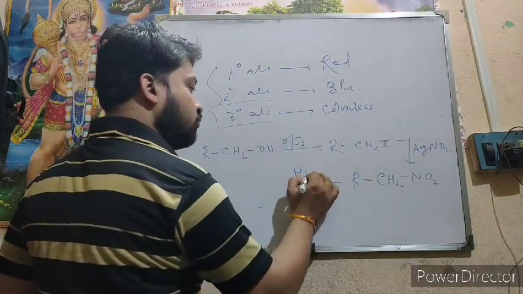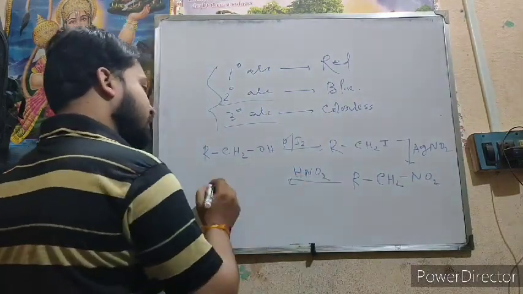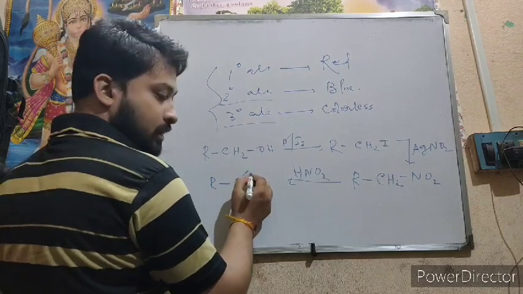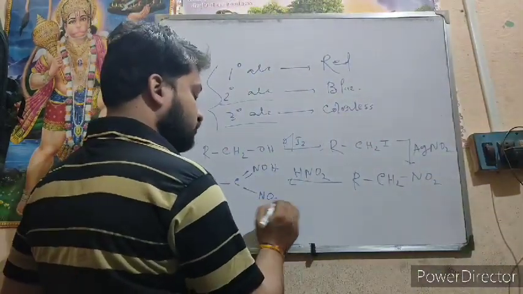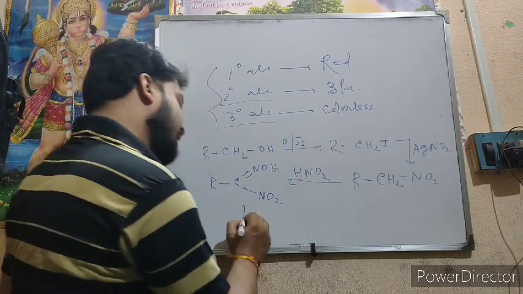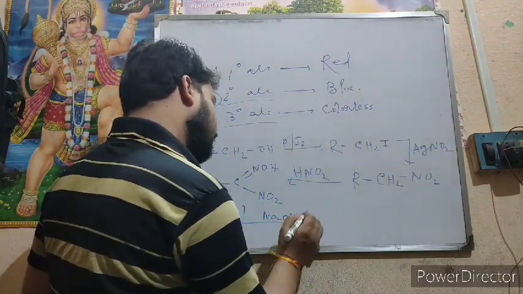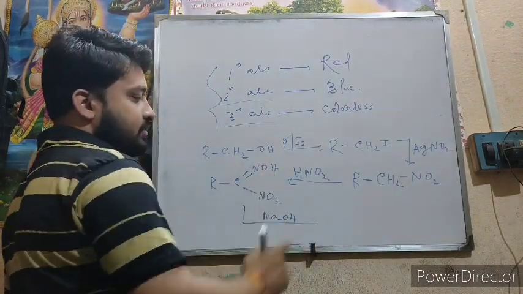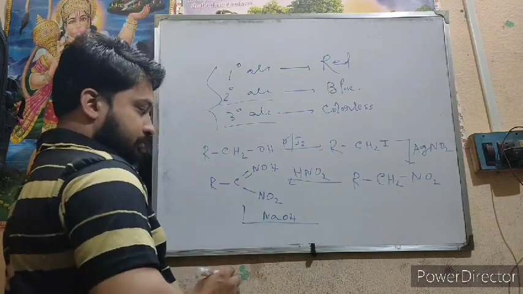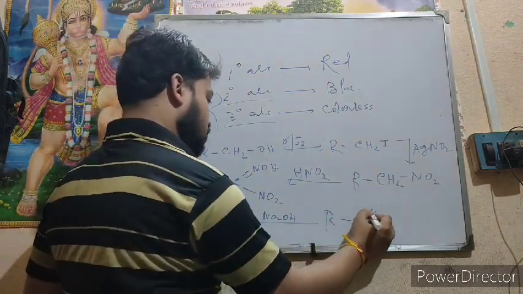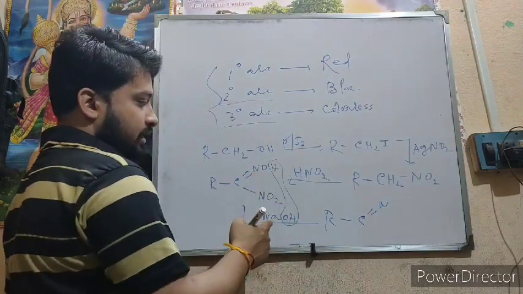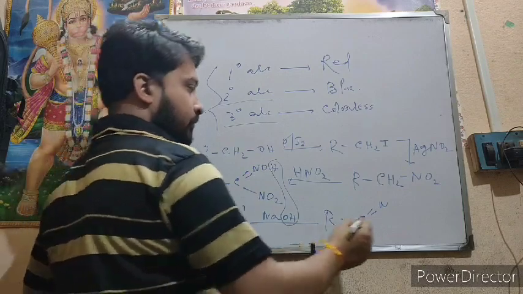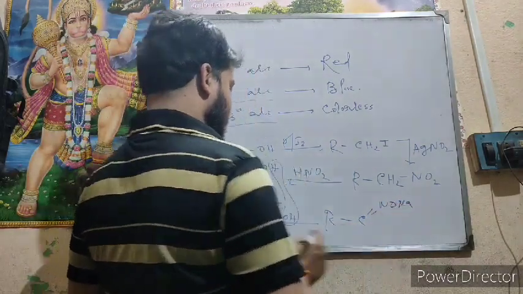Then you react with HNO2 and you get RC, one is double bond NOH, another is single bond NO2. Then you react with NaOH. OH and H is removed from here, so ONa is formed here. So R, C double bond N, ONa, and here NO2.